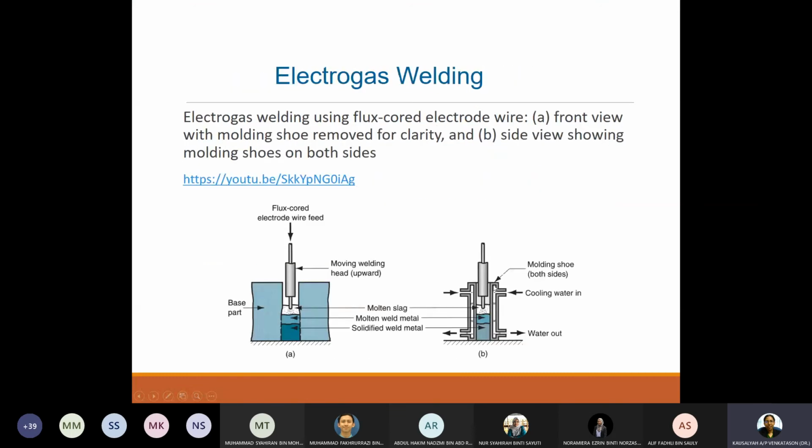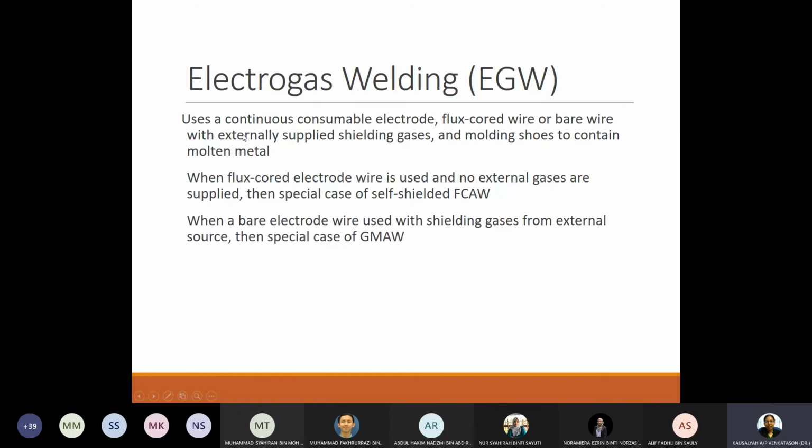Okay, the next one is electro-gas welding. This uses a continuous consumable electrode, a flux-cored wire, like in the previous procedure, or a bare wire, with externally supplied shielding gases and molding shoes to contain the molten metal.